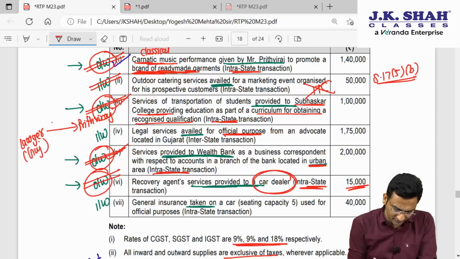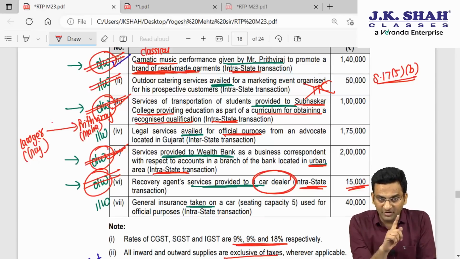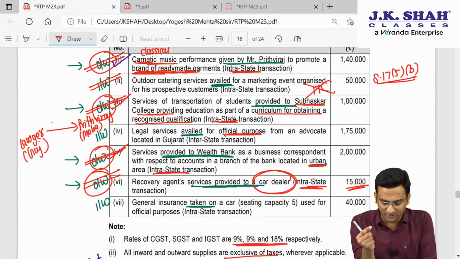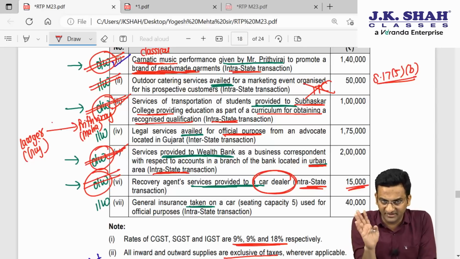So lawyer is of the Gujarat and Prithviraj is of the Maharashtra. Correct friends? Lawyer is located in the Gujarat and Prithviraj, the recipient, is located in the state of Maharashtra. Legal services are availed for official purposes. Now the question arises, if lawyer provides services to the government, sir, it is exempted.